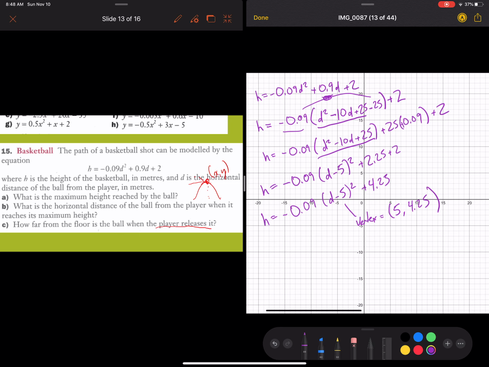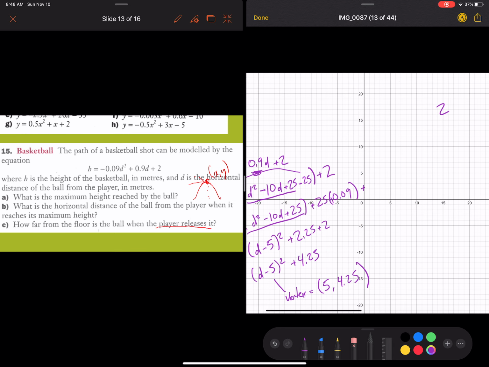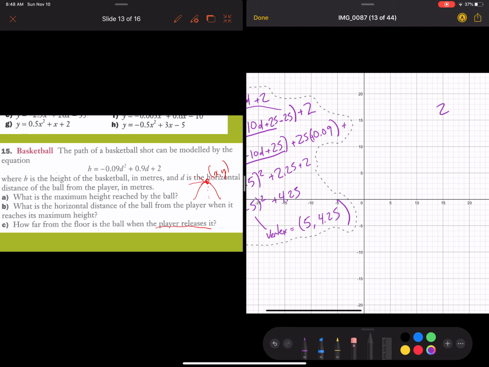And it's upside down, so our vertex is going to appear somewhere here, at 5, 4.25.